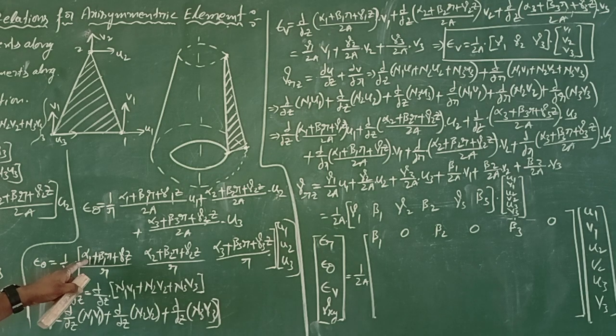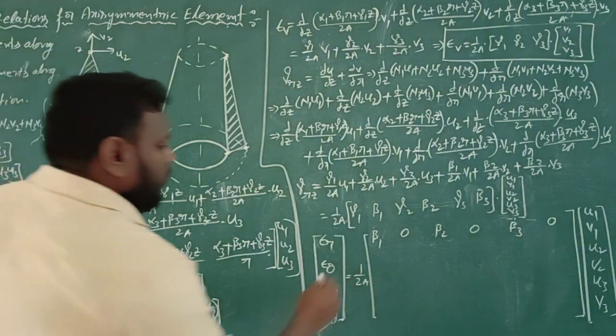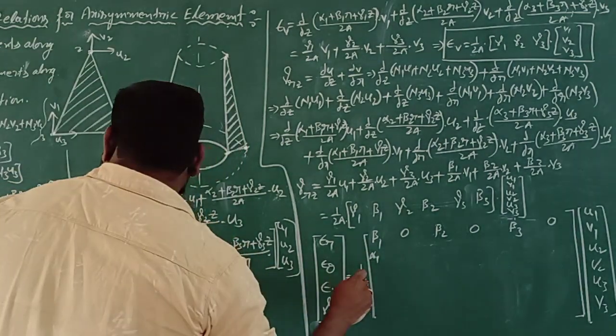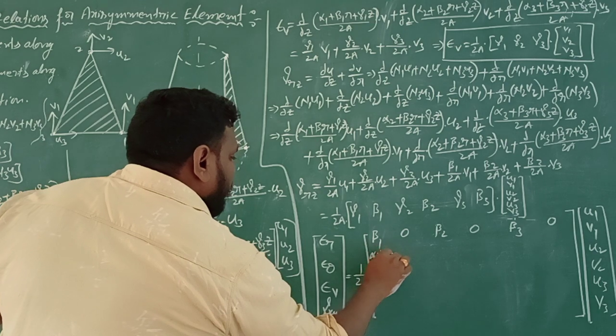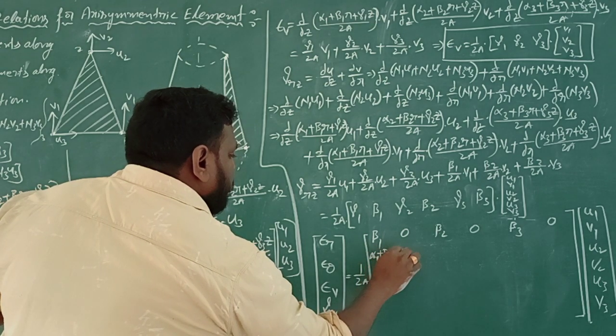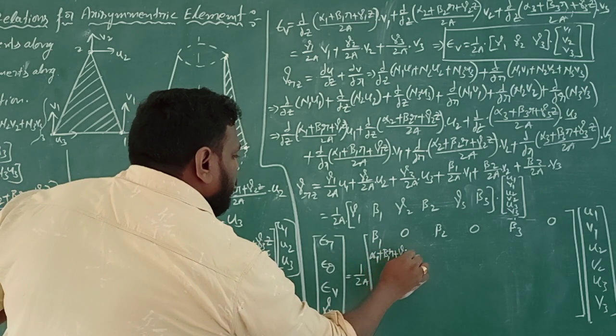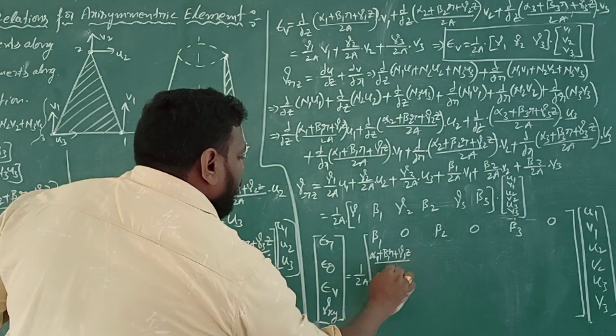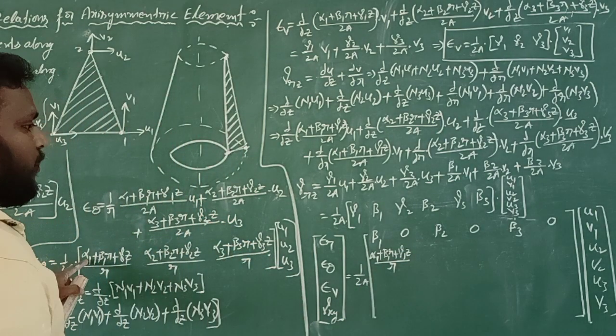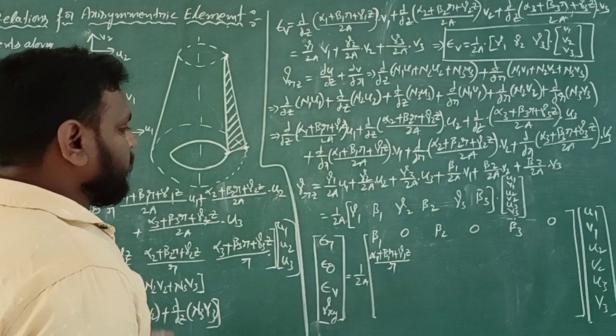The next equation is epsilon theta, so this is also with u1 and u3. That is alpha 1 plus beta 1 r plus gamma 1 z, divided by r, first; next, the v term is 0.